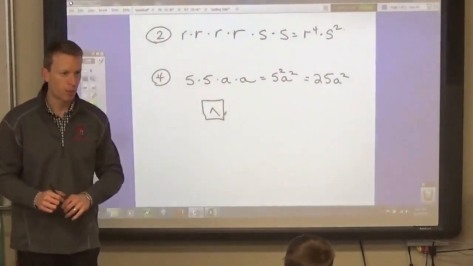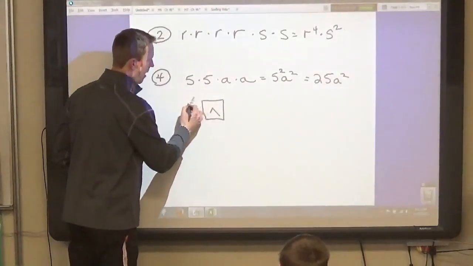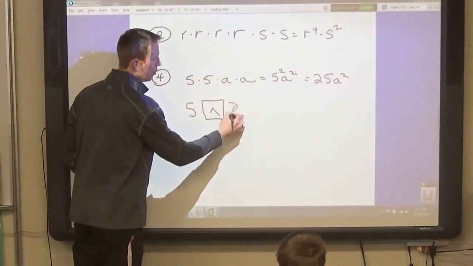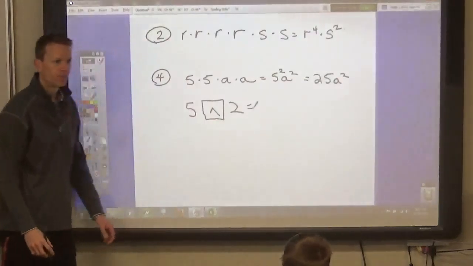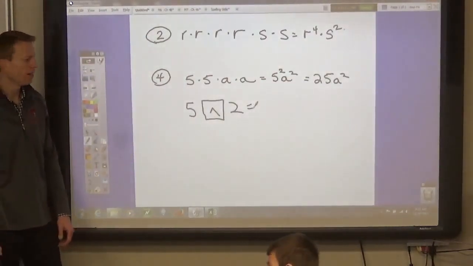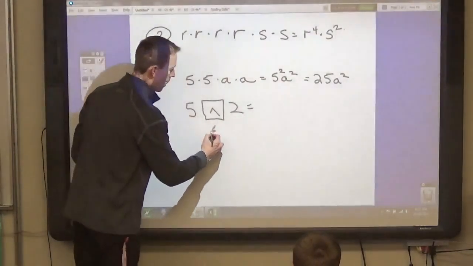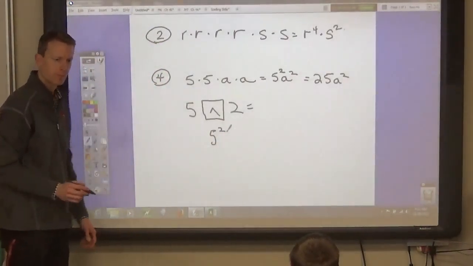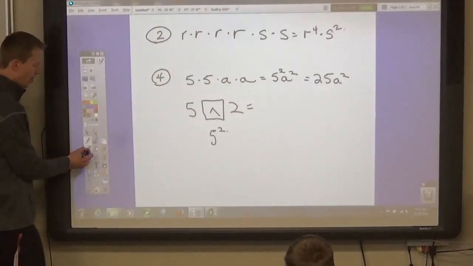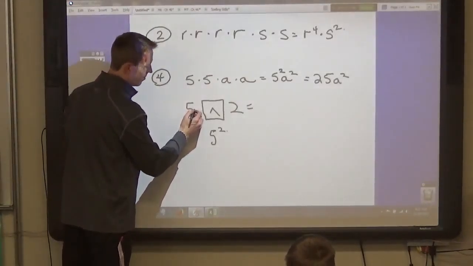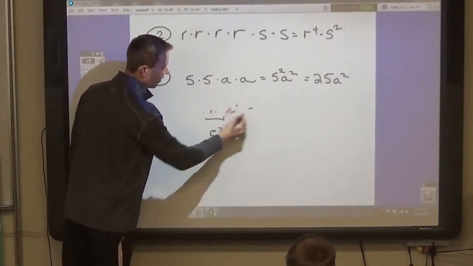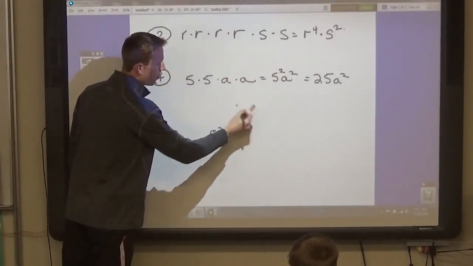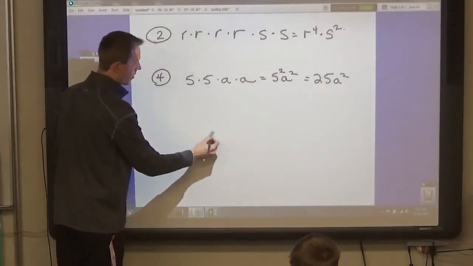So if you put in 5 caret 2 equals, you get 25, because that means 5 to the second power. What if you put in this? Put this into your calculator.